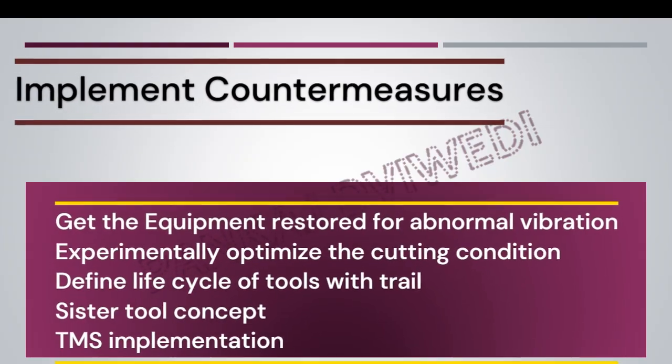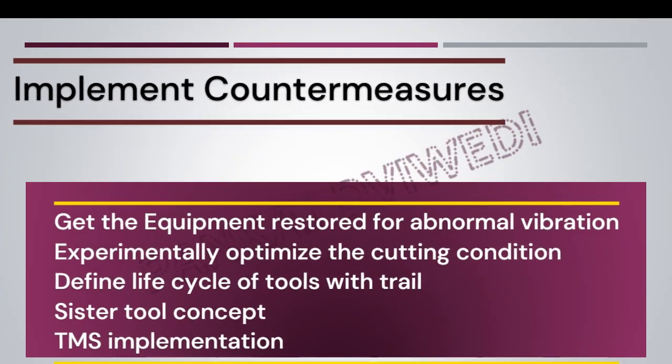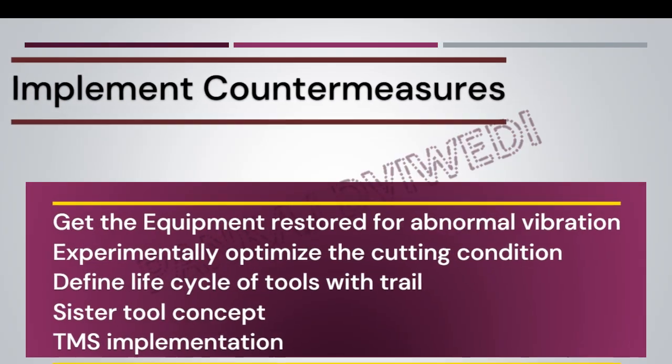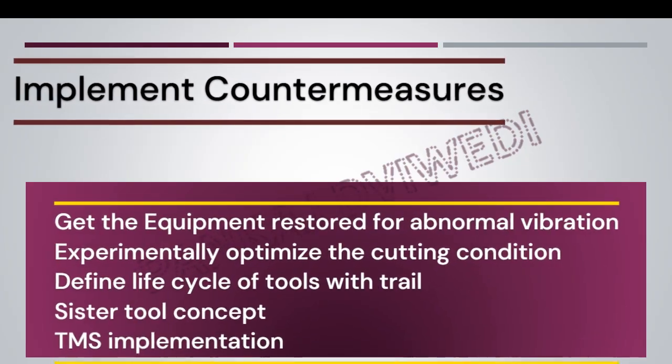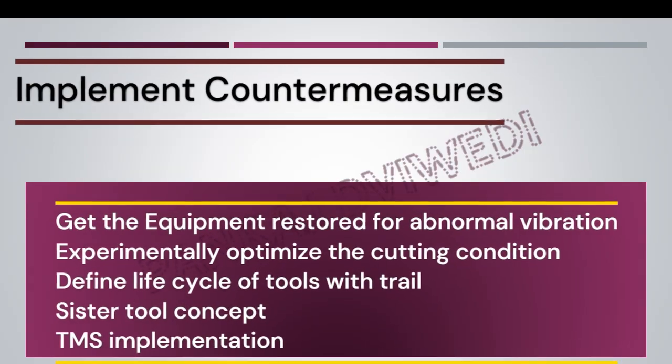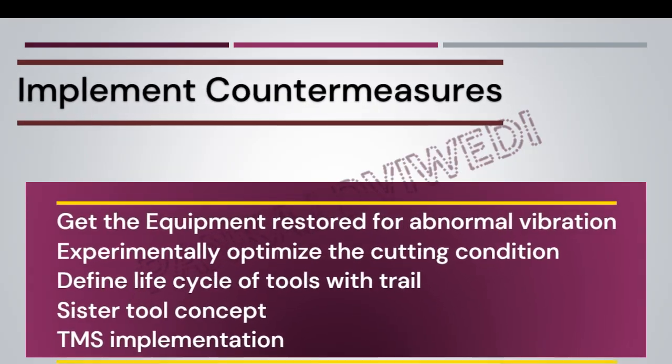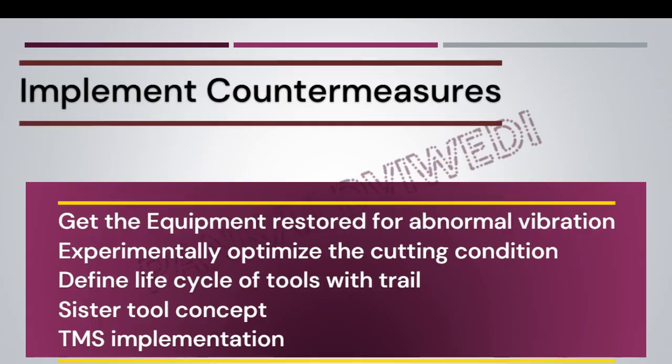And if you have a spare pocket, you can use a sister tool in the magazine and program a macro so that after this much time, that n number of tool will be called and you will get a tool offline to replace the insert. So this will bring your replacement time down to zero. In this way you can optimize cutting tool replacement time to the bare minimum to reduce the cutting tool replacement losses.